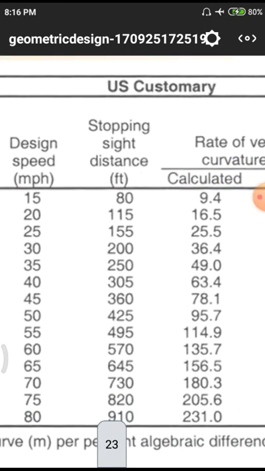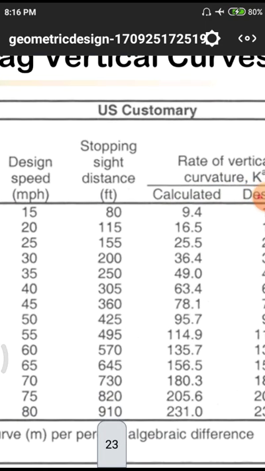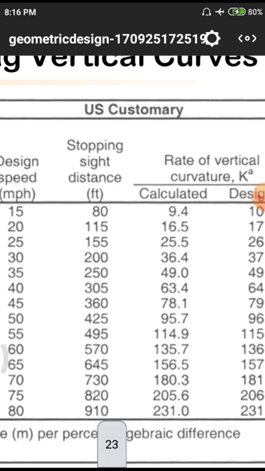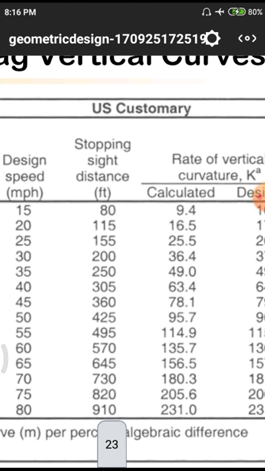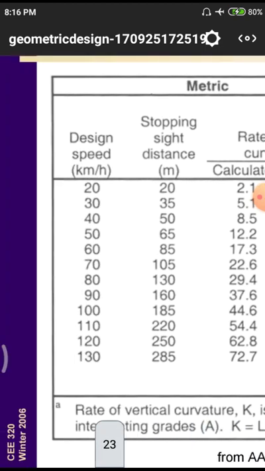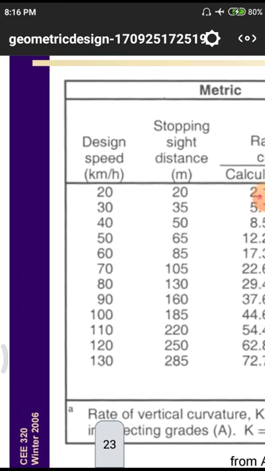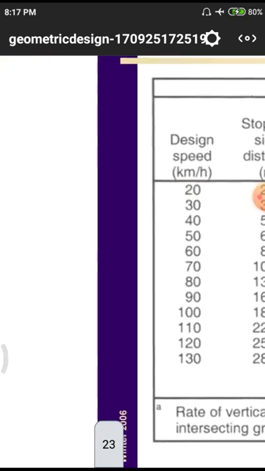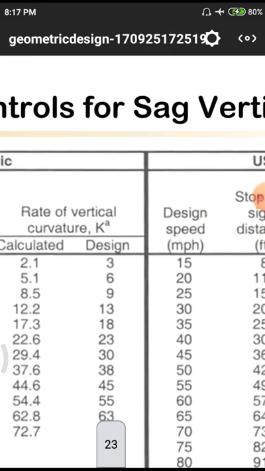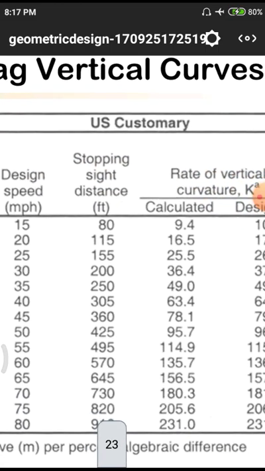In the US, that means the United States, and other conditions also we are having these values, design speeds and stopping distance in terms of feet. In our country at 80 kmph we are normally having 130 meters as stopping sight distance. But in the case of US conditions, they are having kilometers and meters. Okay, metric and US customary.